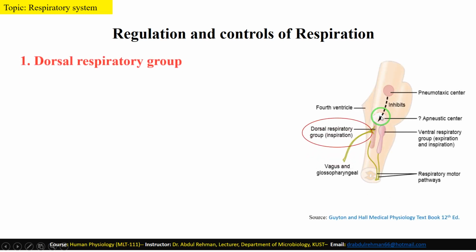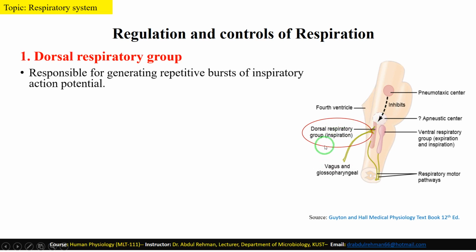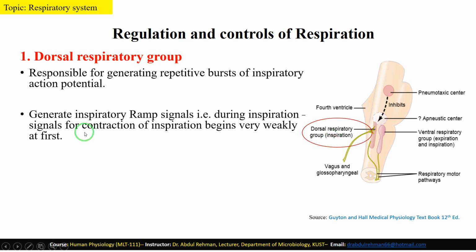Dorsal respiratory group. The dorsal respiratory group is composed of neurons that initiate signals called inspiratory action potential or inspiratory ramp signal.